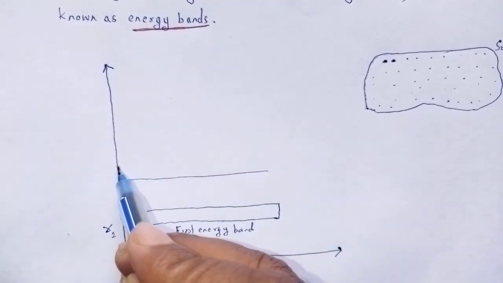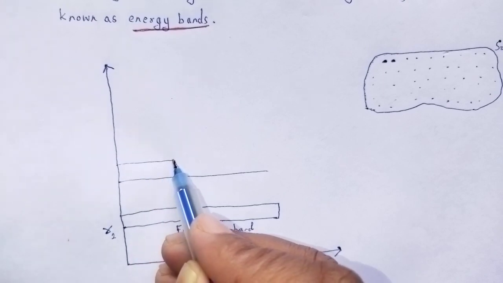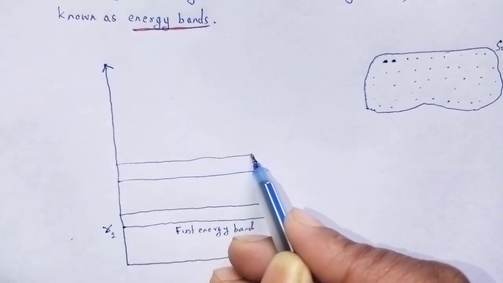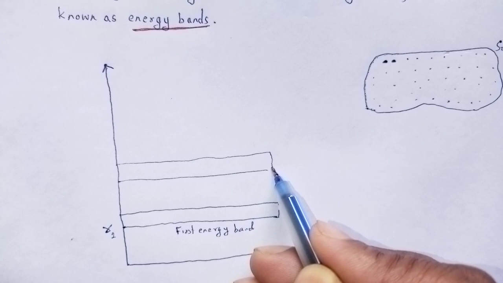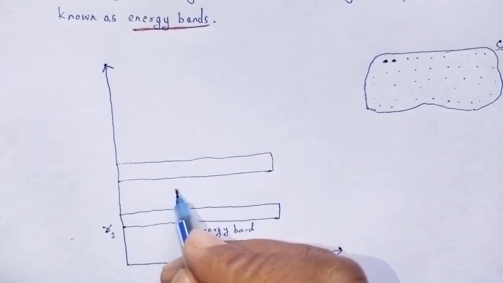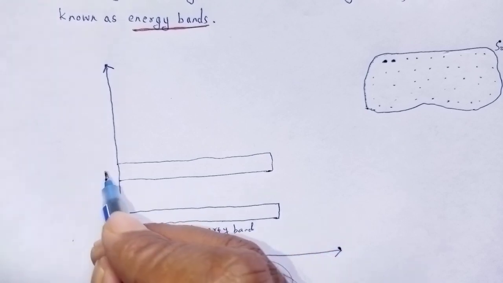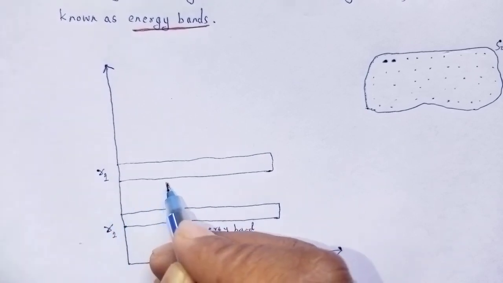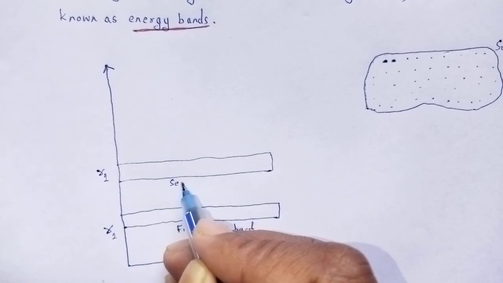the electrons present at r2 radius throughout the solid atoms have an energy range, we call it the second energy band.